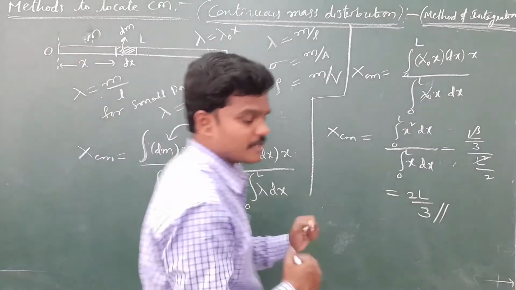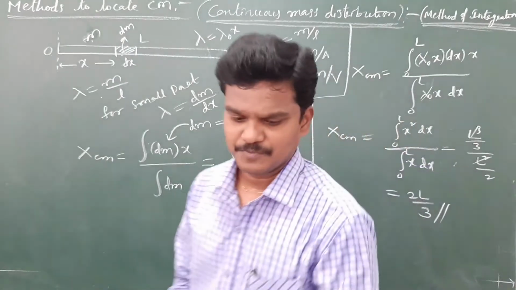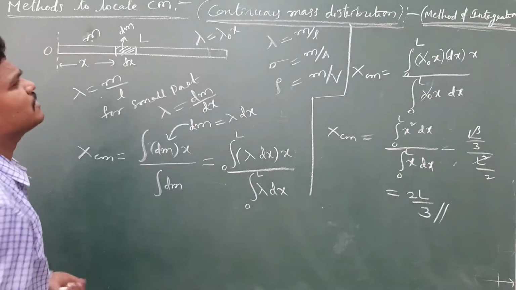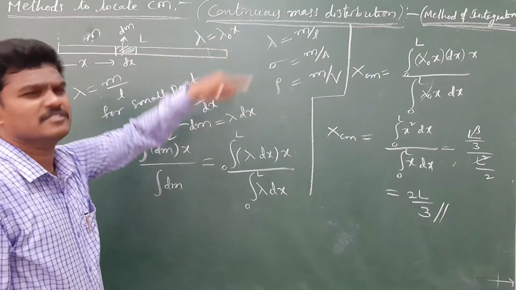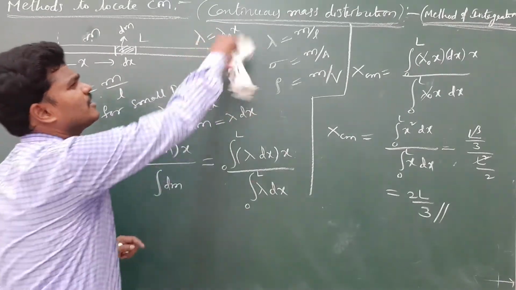Follow this type of method. Lambda they may give as anything. Here lambda varies as lambda naught x. In some other problem they may give beta x square, where beta is a constant, or lambda naught x square.